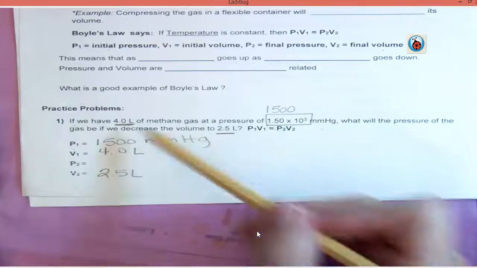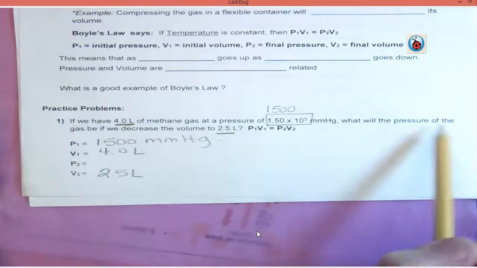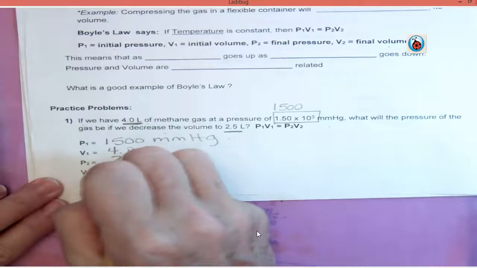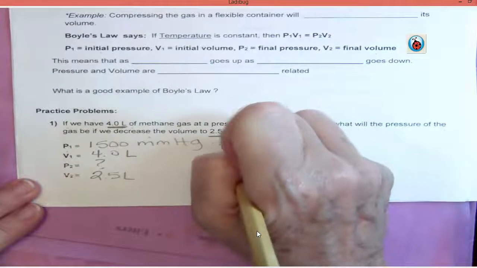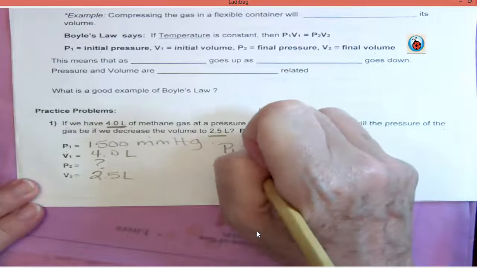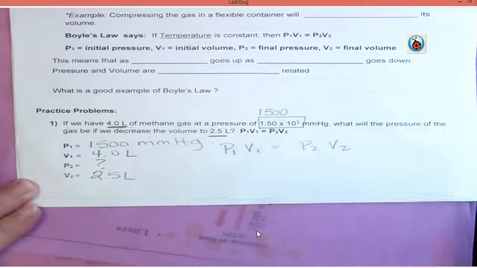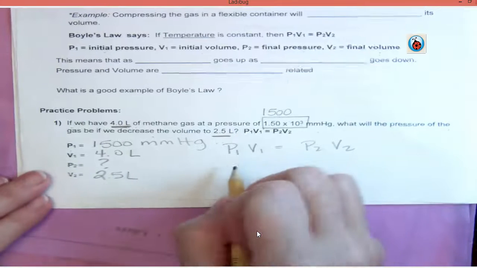Okay, so we have two volumes, one pressure. What do we not know? What will the pressure be if we decrease the volume? So this is our unknown here. So every time you do one of these, you're going to write it out. Pressure 1 times volume 1 equals pressure 2 times volume 2. And you're going to plug your numbers into your formula every time.